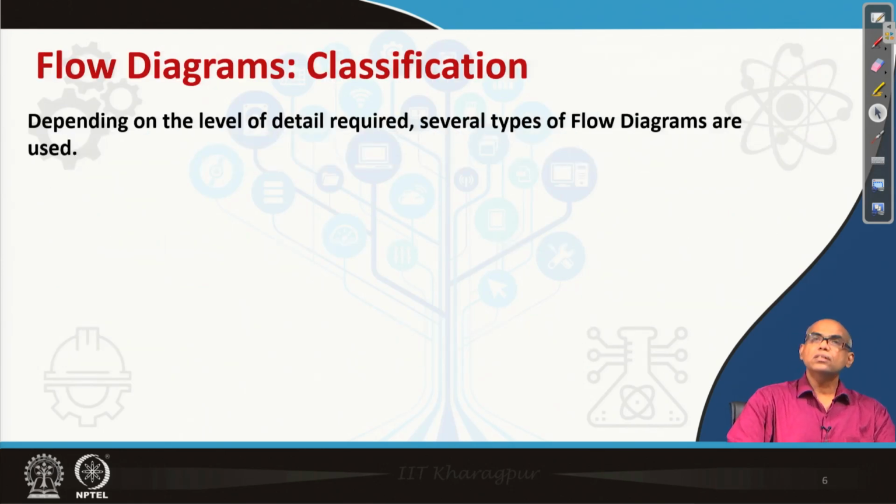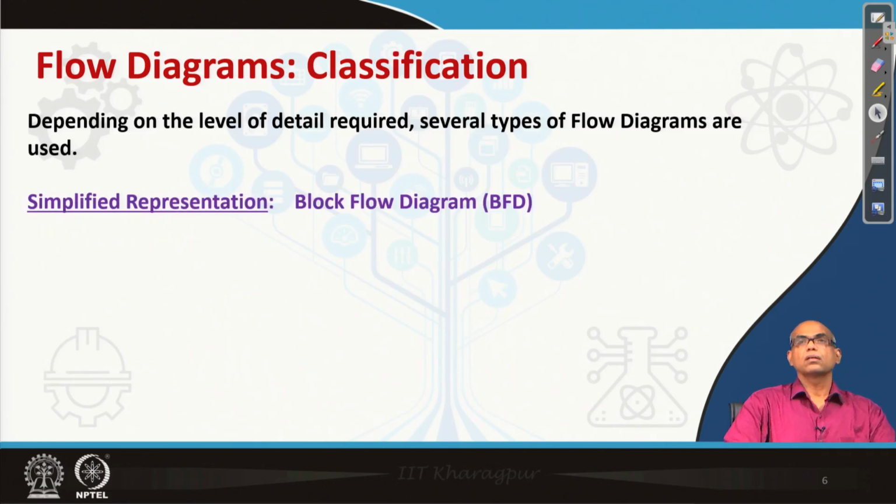Now, chemical engineers use several types of flow diagrams, depending on the level of detail required. There are three major types of flow diagrams that chemical engineers use: block flow diagram, process flow diagram and piping and instrumentation diagram.